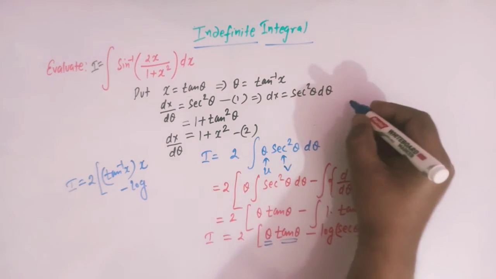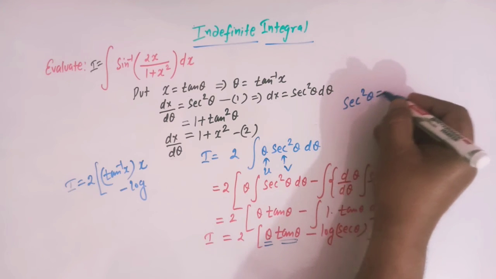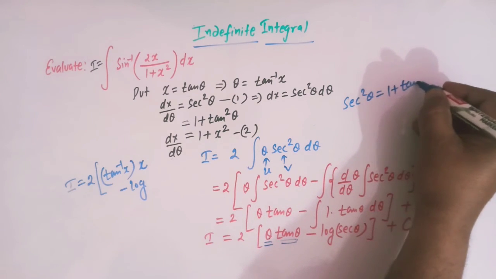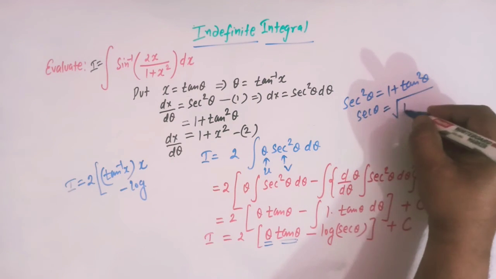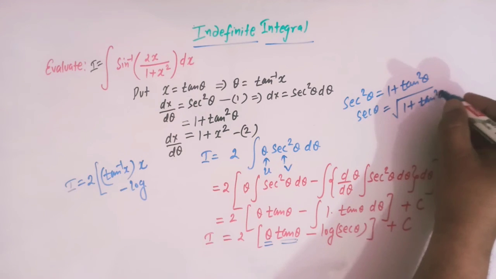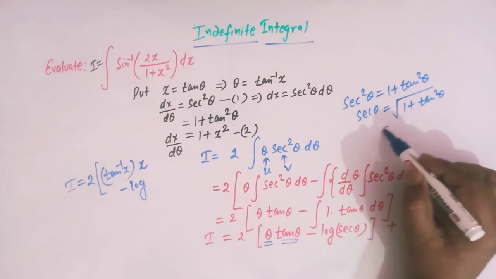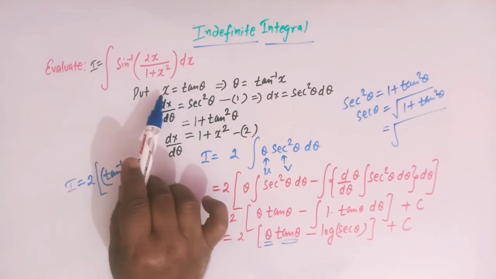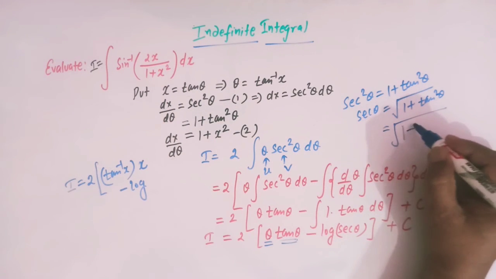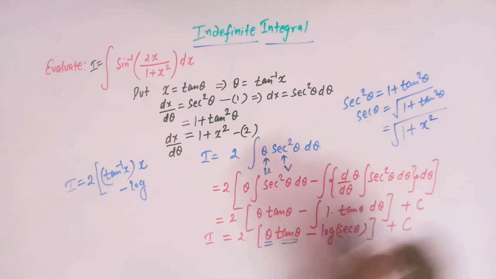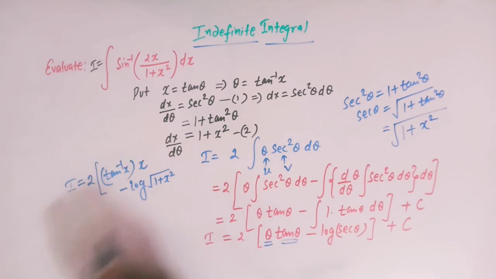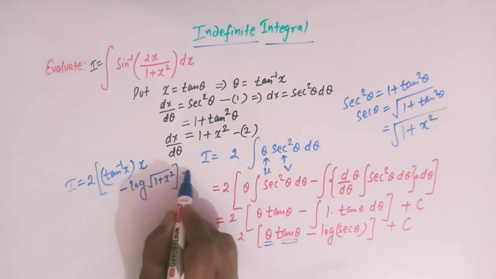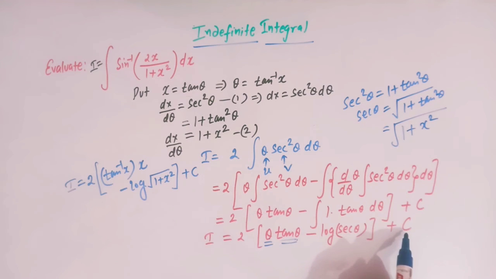And we know that sec square theta is equal to 1 plus tan square theta, so sec theta is equal to square root of 1 plus tan square theta, and with tan theta as x, we have square root of 1 plus x square. And here we have c as the constant of integration.